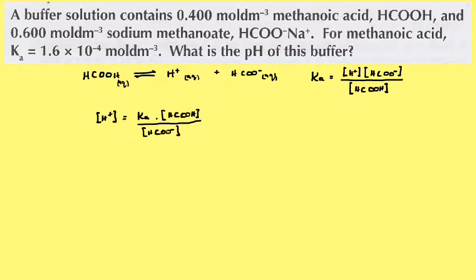So now we have an expression for the hydrogen ion concentration, and as we did before, as soon as we get that, it's easy to calculate the pH. So let's have a look and see what we've got.